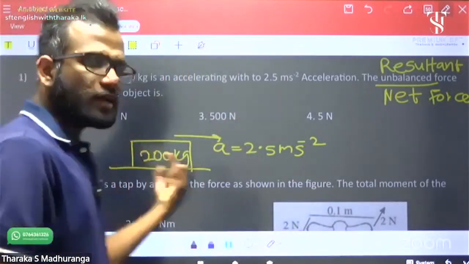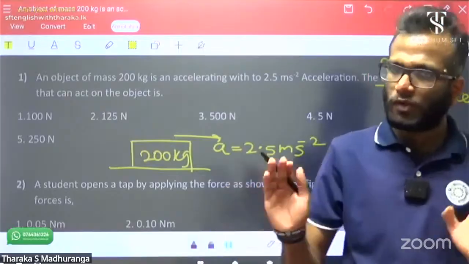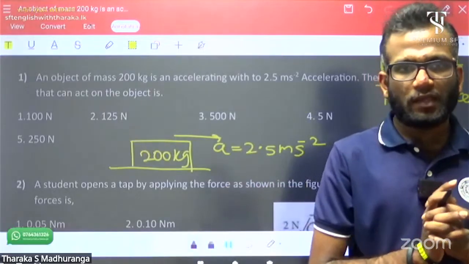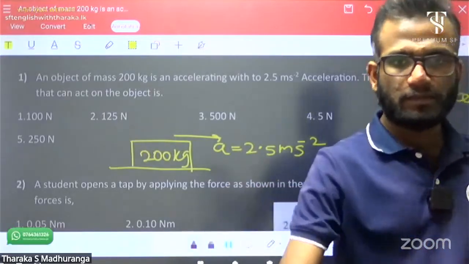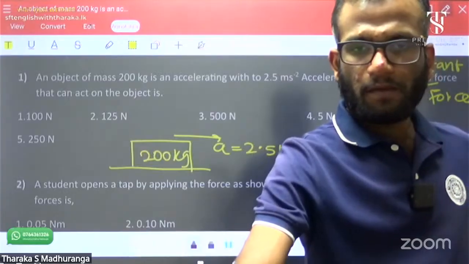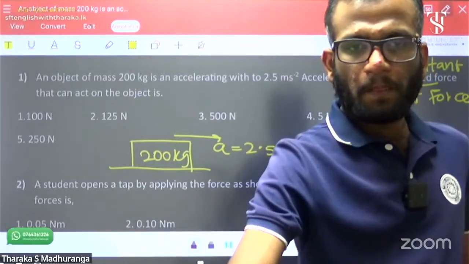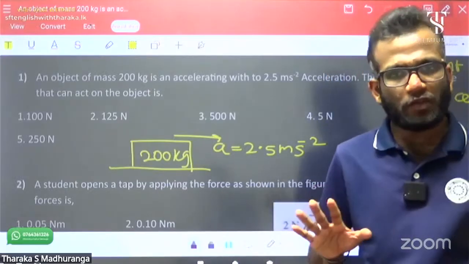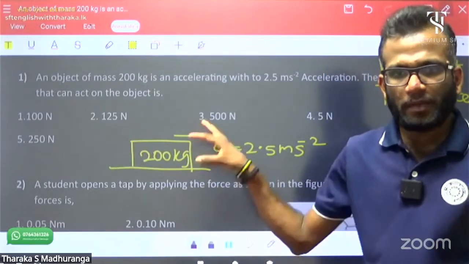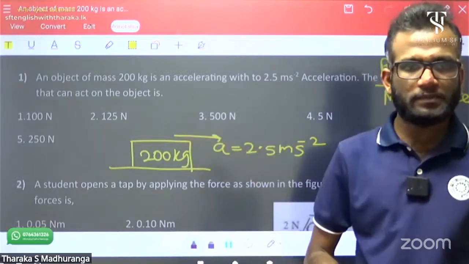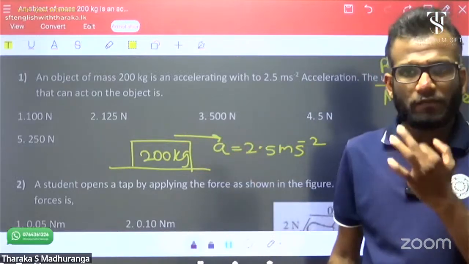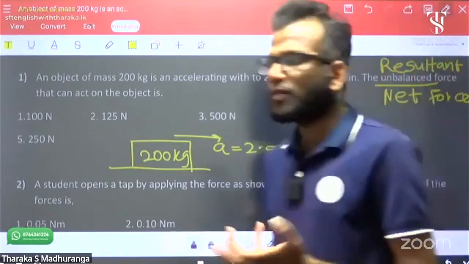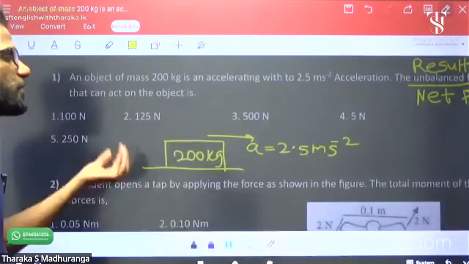If it is accelerating, what is the Newton's law? What's the Newton's law based on this motion? Very good, Newton's second law, because it is accelerating.